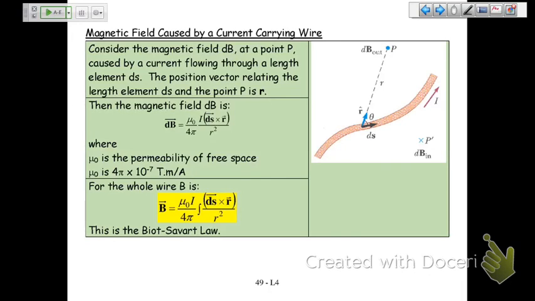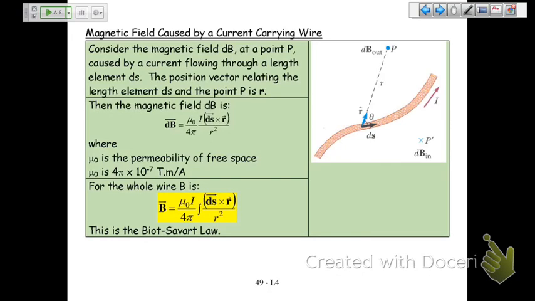Because we'd like to know, just like we'd like to know what's the gravitational field caused by these 4 planets, what's the electrostatic field caused by these 4 charges. I want to find out what's the magnetic field at that point caused by these 4 bits of current-carrying wire, these 4 lengths end to end.